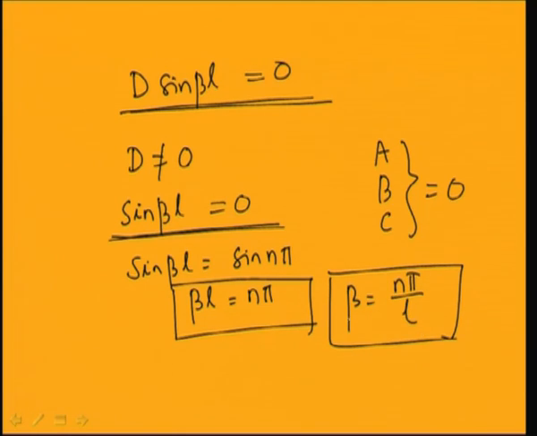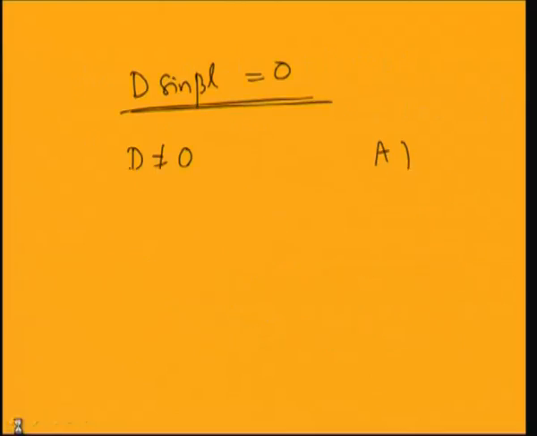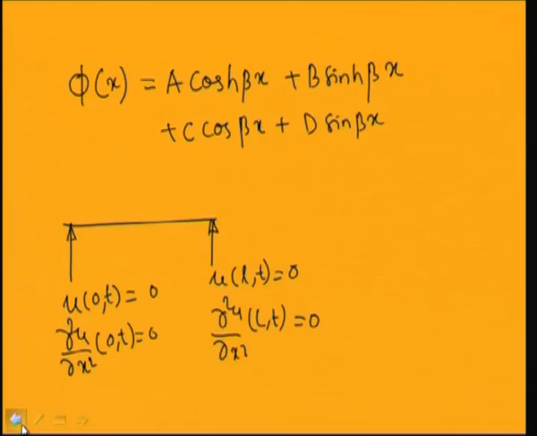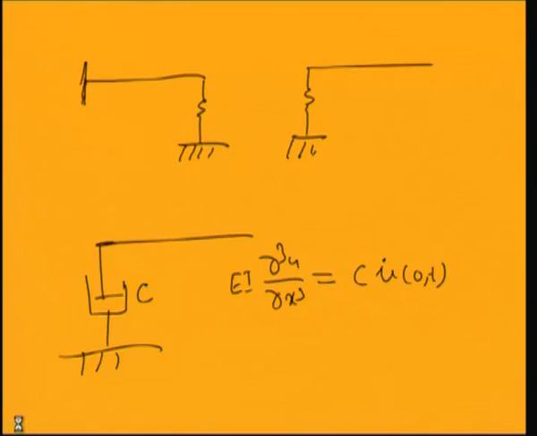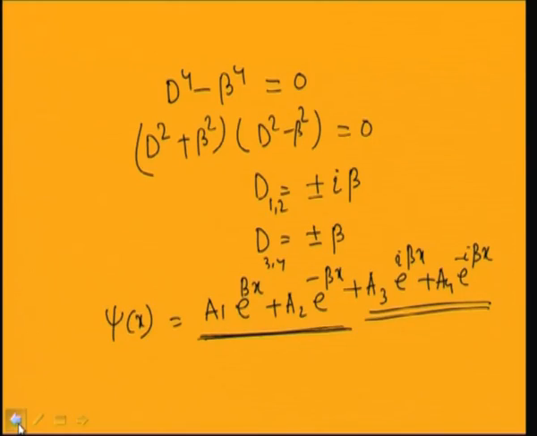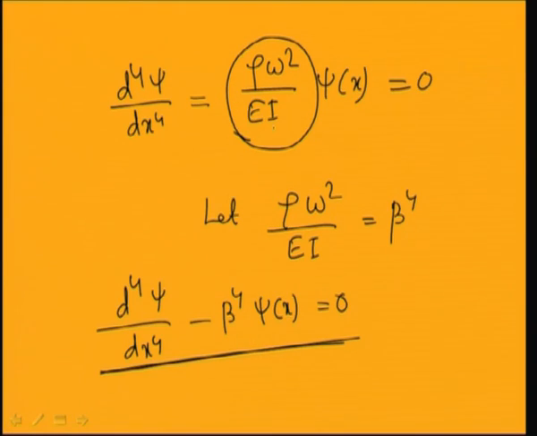Already we know the expression for β. We have written ρω² by EI equal to β⁴. So let us see the expression for β⁴ that we have written: ρω² by EI as β⁴.